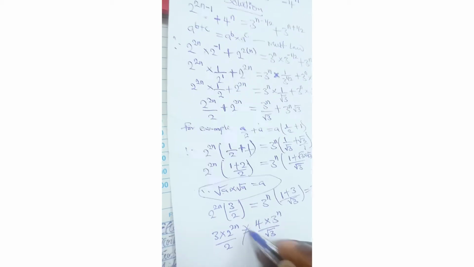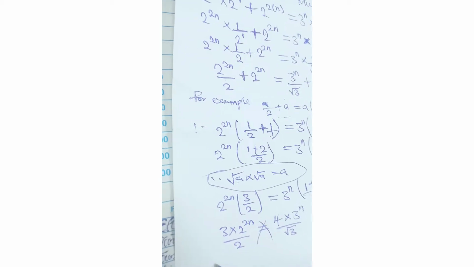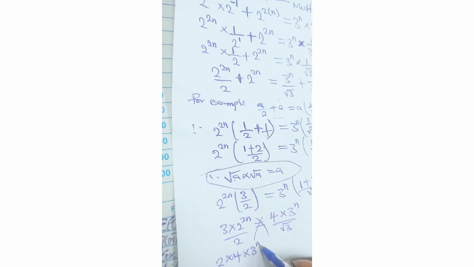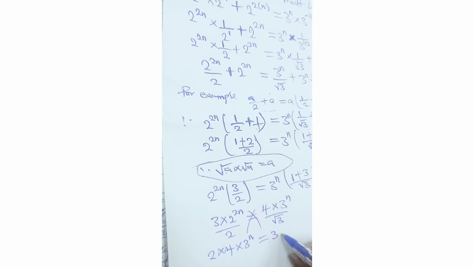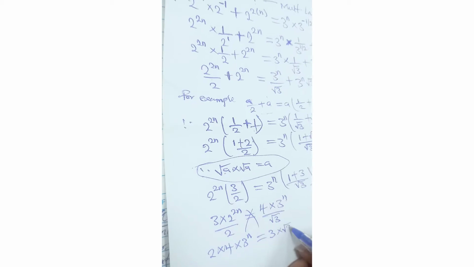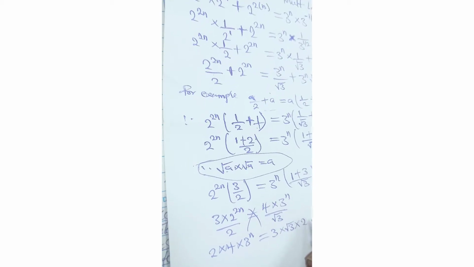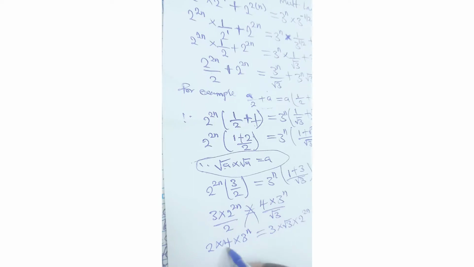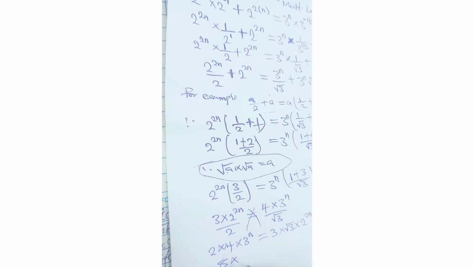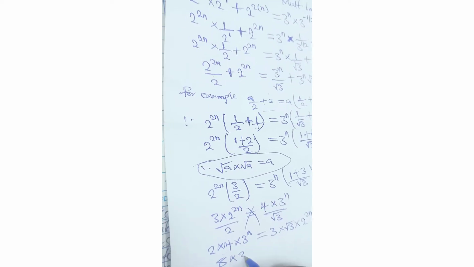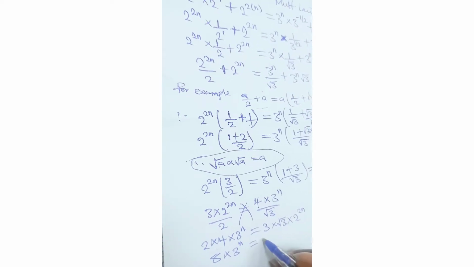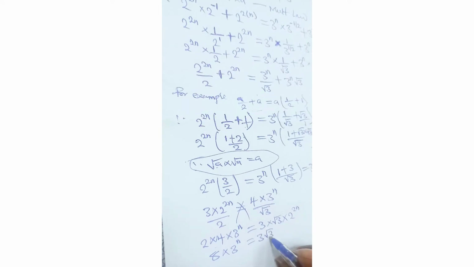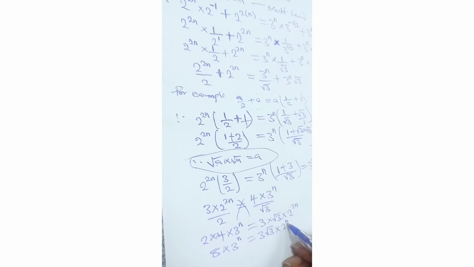When we cross multiply, we are going to have 2 times 4 times 3 raised to power n equal to 3 times root 3 times 2 raised to power 2n. Now this is going to give you 8 times 3 raised to power n, since 2 times 4 is 8, equal to 3 root 3 times 2 raised to power 2n.